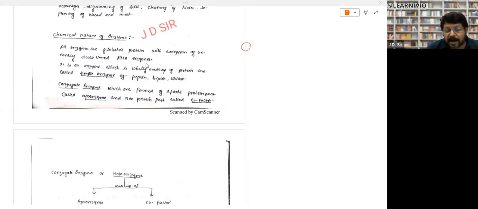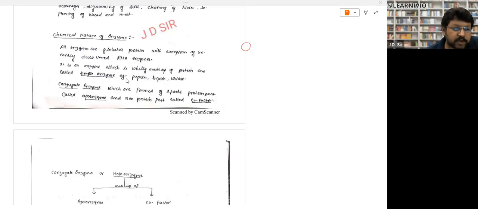So recently RNA is also considered an enzyme. The function of RNA is to carry the message of DNA, and along with that, sometimes RNA also works as an enzyme. But except RNA, all enzymes are made up of globular protein.